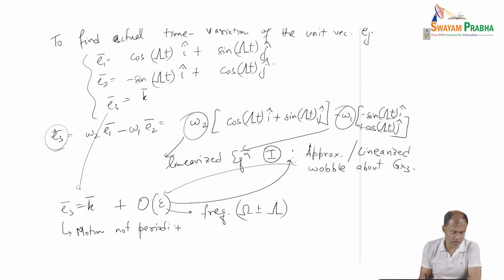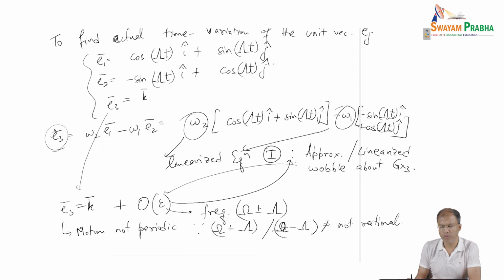We see that omega plus lambda divided by omega minus lambda is typically not rational. If it is rational, then the motion is periodic, with period the LCM of these two numbers, but typically that is not the case. If this ratio is irrational, we expect the motion to be aperiodic, so we don't expect the phase paths to be closed. The trajectory is not closed.